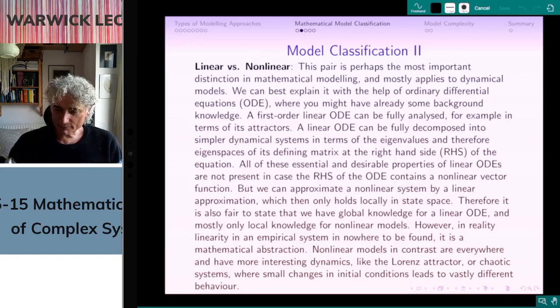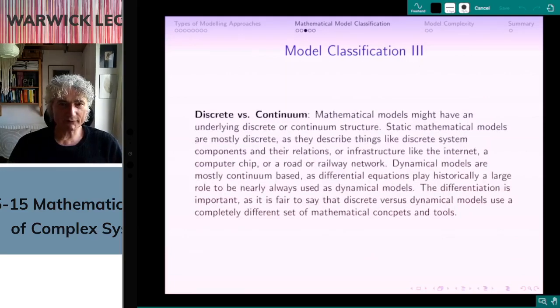Okay, now let's go to the next distinction, and that is discrete versus continuum. And that's a very important distinction because discrete mathematics is so much different from continuum mathematics. And of course, as we have already discussed, for example, in the pair static versus non-static, graph theory is a discrete mathematics type, so this kind of description is important there.